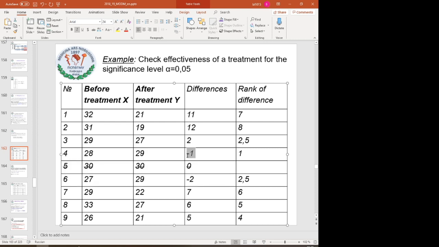But these differences are small, they have the smallest ranks, and this gives us an idea to finish this calculation: positive shifts and negative shifts, where negative shifts may be significantly greater than positive shifts with those two students.